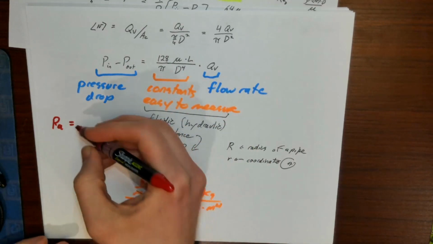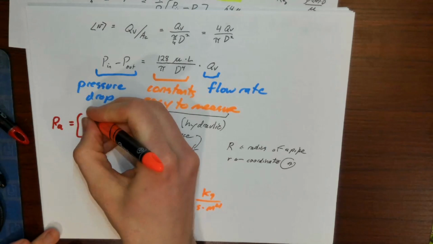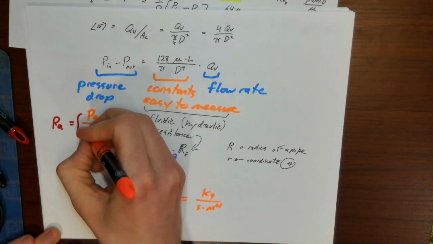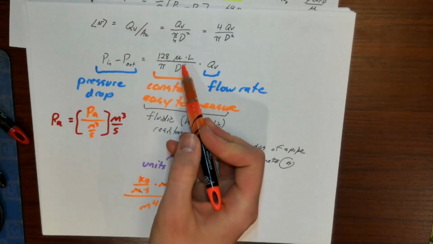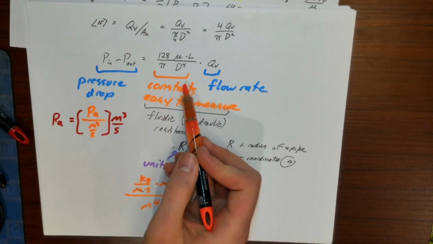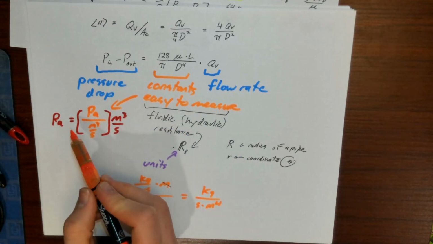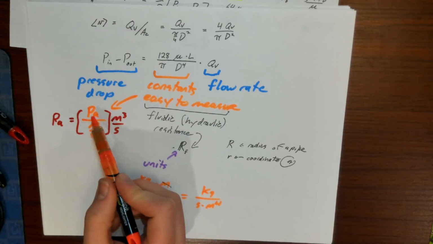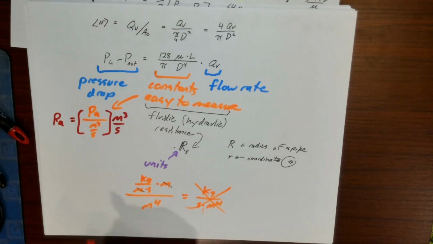So when I think about the units of my constant right here, I would like to think of this as having units of pascals per meter cubed per second. And just to reinforce the idea that it's this proportionality constant right there. So a lot of times you might find these hydraulic resistances expressed in terms of a pressure per flow rate rather than the base SI units, which are kind of confusing and don't necessarily lead to physical intuitions about the system.